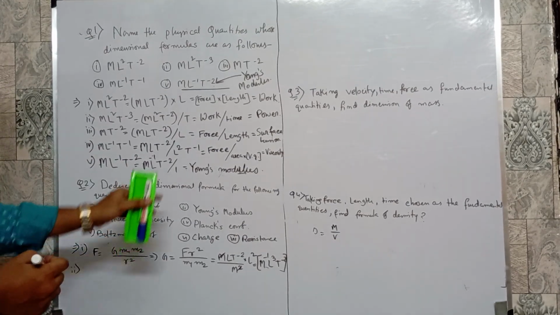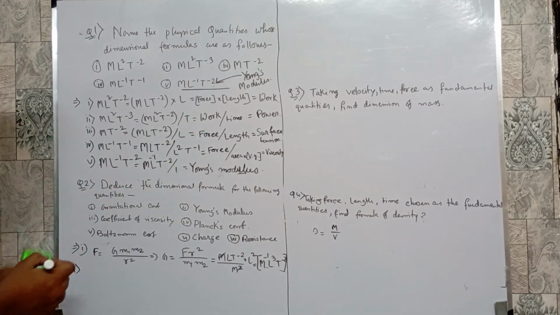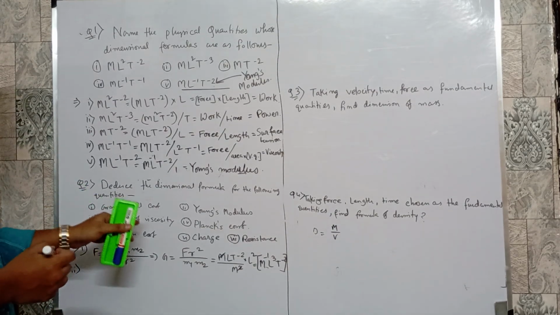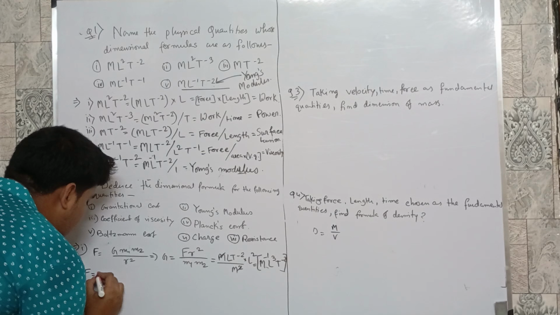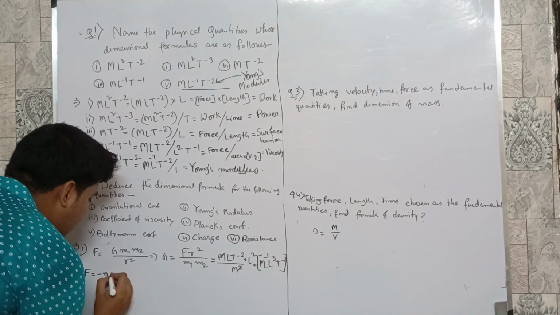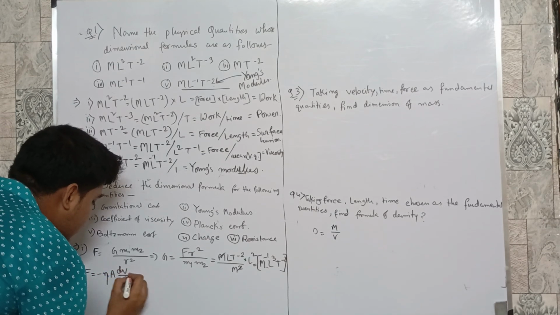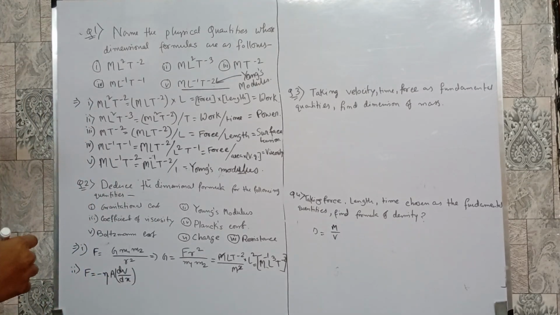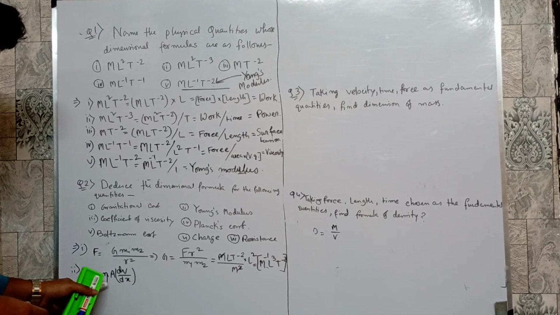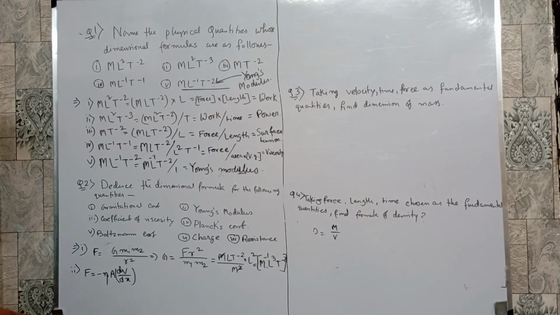Next is the coefficient of viscosity. We have already found that also, but how can we find it from the formula? The formula is F equals to minus eta A dv by dx. Here eta is the coefficient of viscosity, A is the area, dv by dx is the velocity gradient, and F is the viscous force.